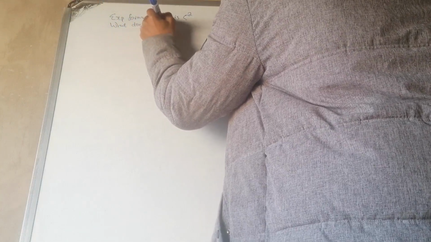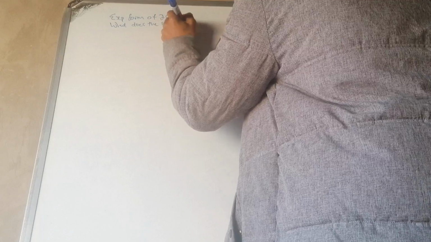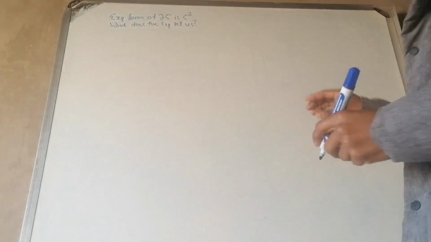The exponent here, 2, tells us we must square 5, we must repeat 5 2 times.